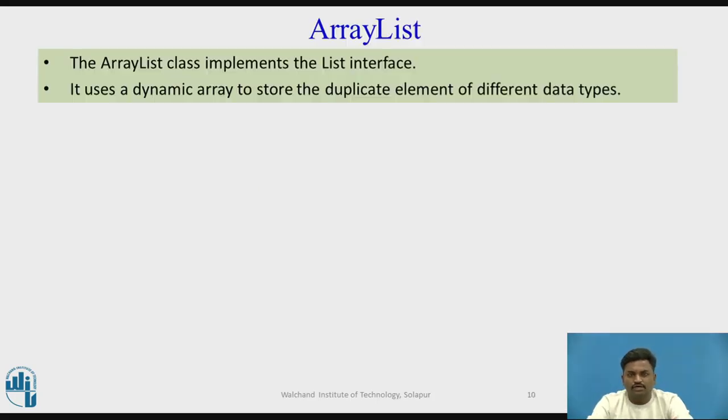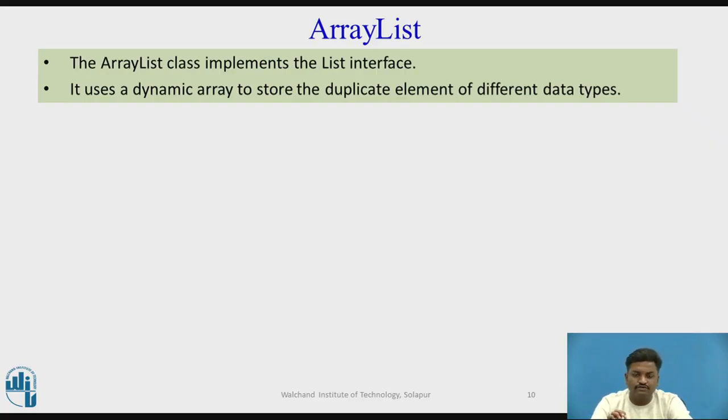How are we going to declare an ArrayList and what are the steps involved in creating an ArrayList? Let us see that. Going one by one, let us first see what ArrayList exactly is. ArrayList is a type of collection that implements the List interface. We have seen some interface types, so ArrayList falls under the category of List interface.